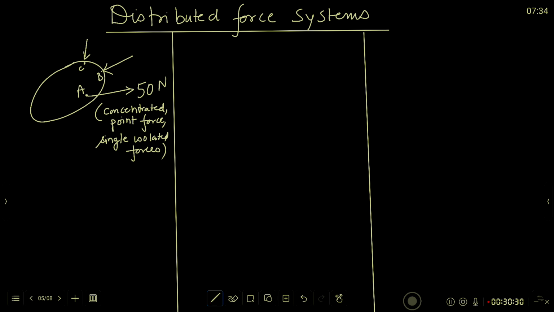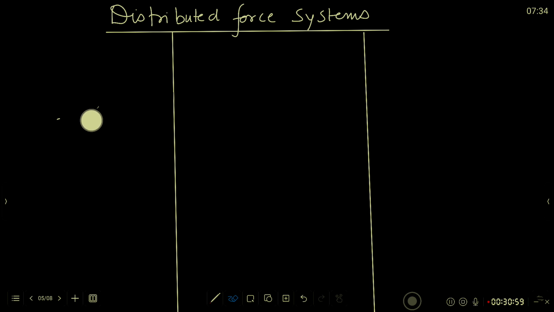Okay. But in real life, not all forces come as point forces. Some forces come as what we call as distributed force systems. Now this distributed force system means that it is distributed over space. We can actually classify distributed force systems into three categories.